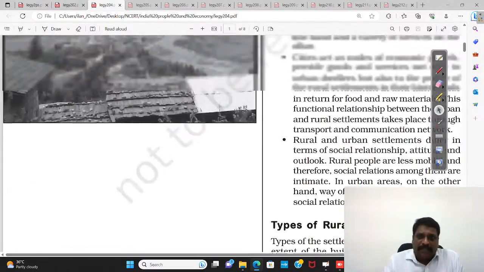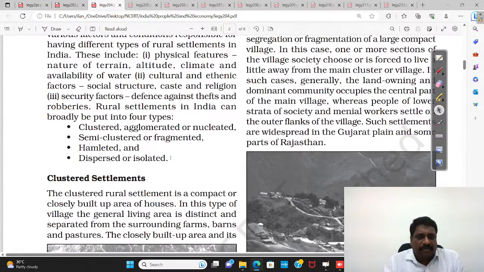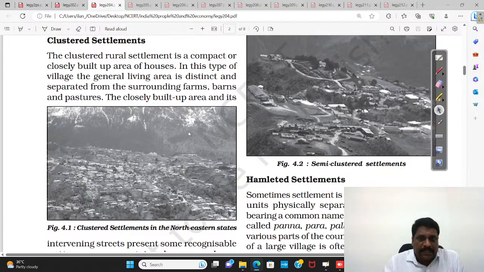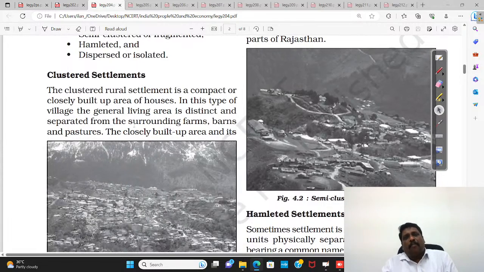Now, when we talk about the different types of rural settlement, my dear friends, there are plenty. One, you call clustered, agglomerated, or nucleated. I'll show you how exactly clustered looks. Clustered area is a compact or closely built set of houses.